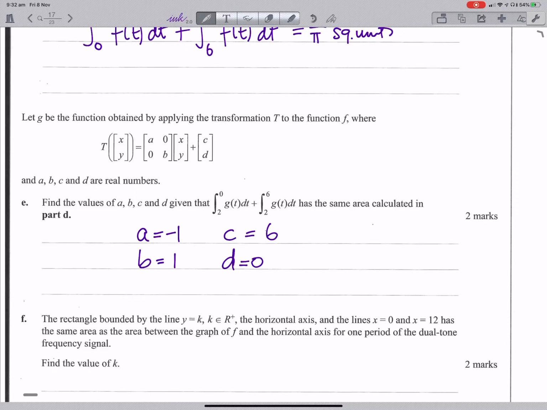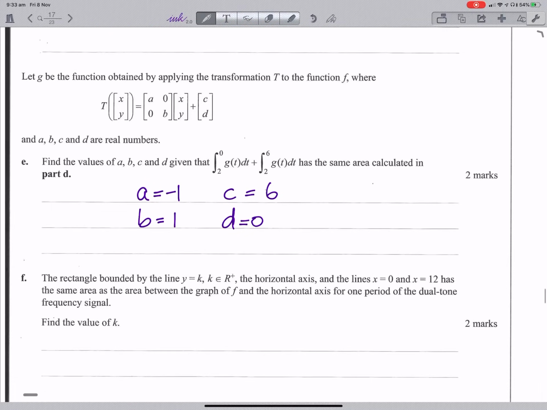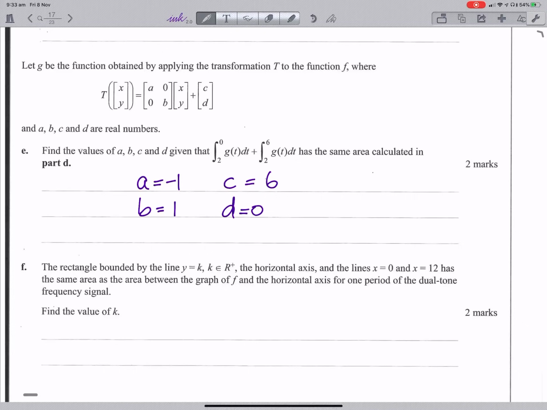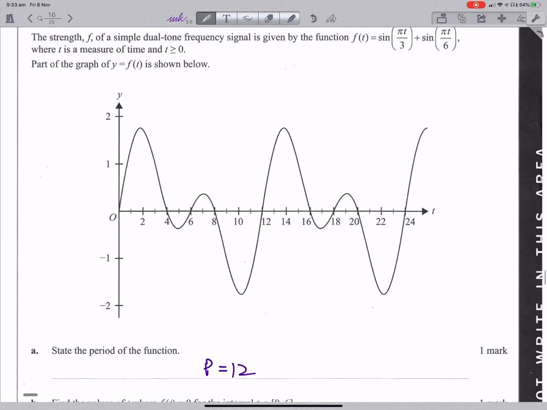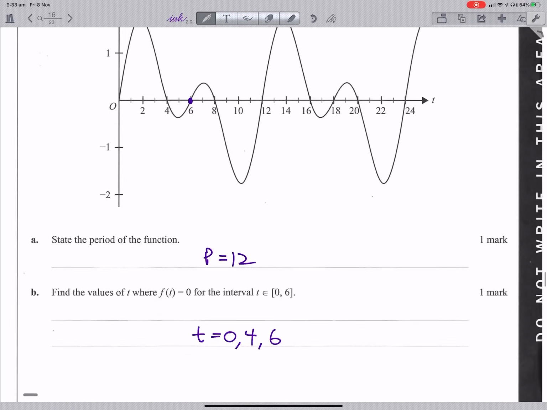But you could move it any number of ways. So, like if I move it 6 to the right, then I could also move another 12, and I'd get the same thing.